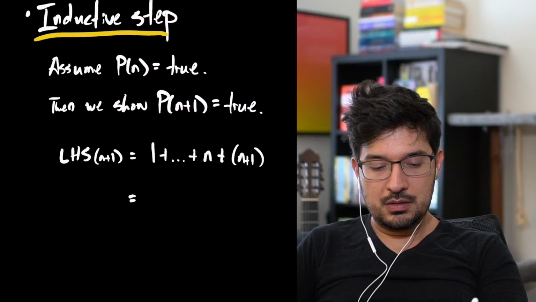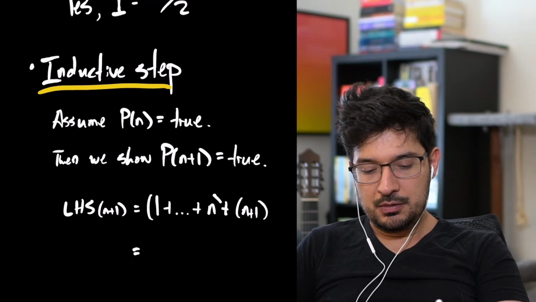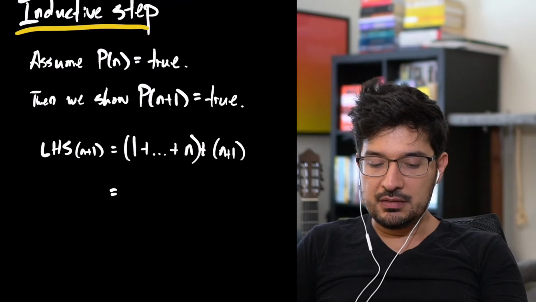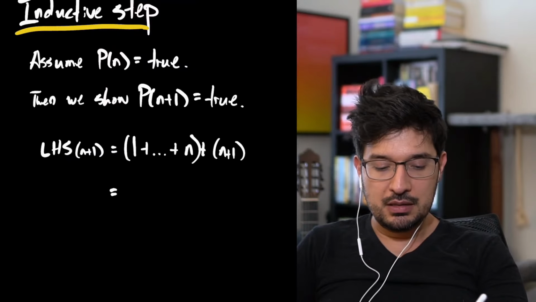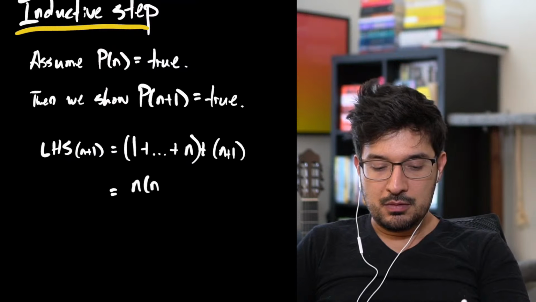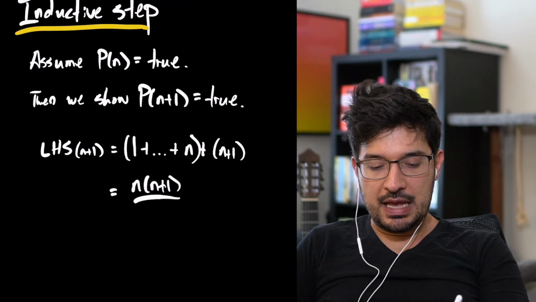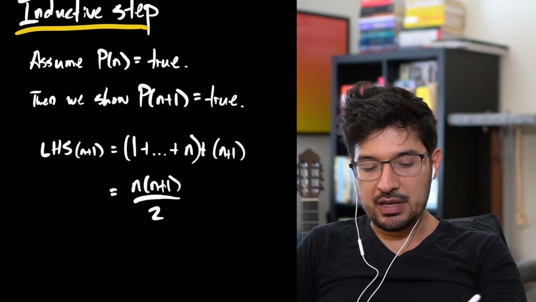Now, I can group by associativity the first n numbers, and by assumption, we assume that the sum of the first n numbers is this.